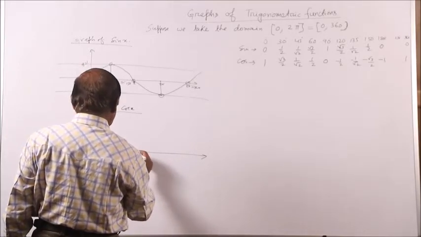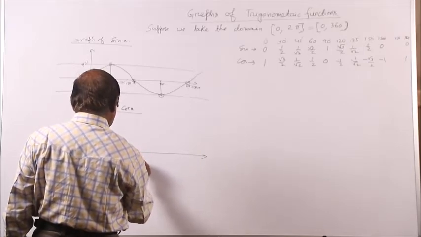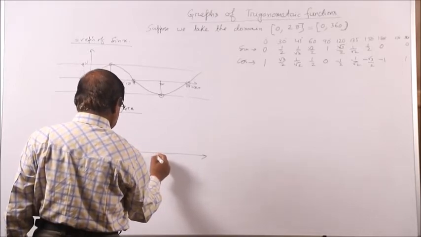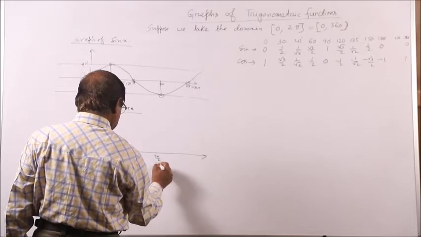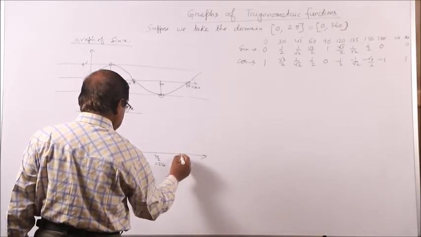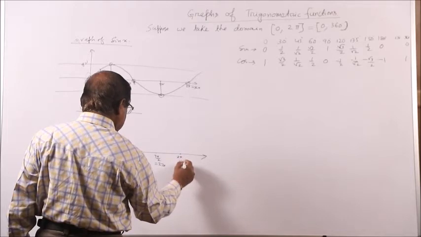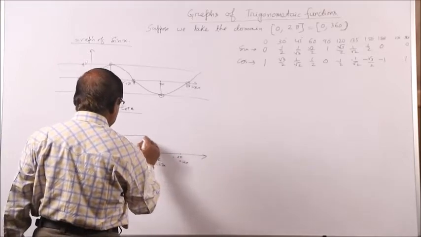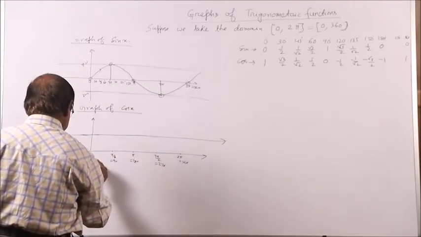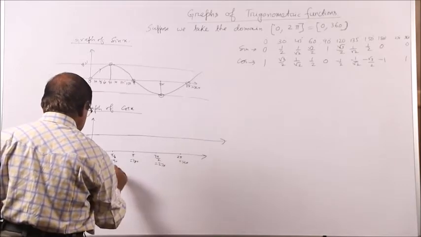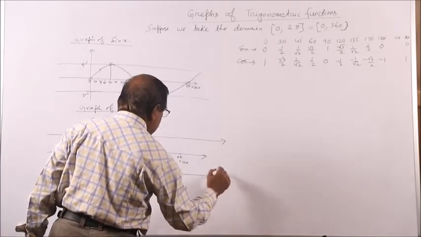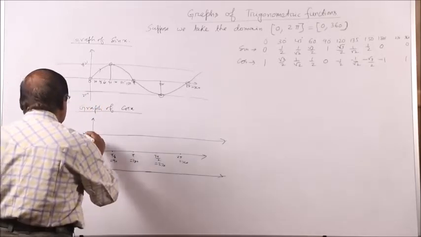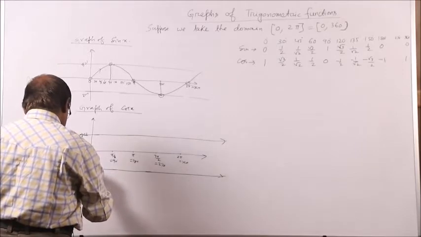Then let us take pi, 180, then 3 pi by 2, that is 270, then 2 pi, 360. In the earlier class I told you the values of sine and cos, both the functions lie between -1 and 1, that means the maximum value is 1 and the minimum value is -1.